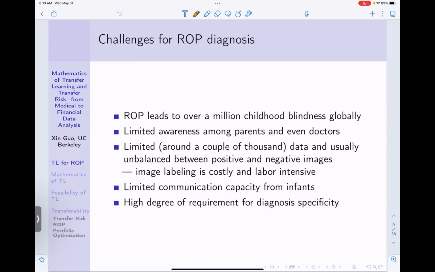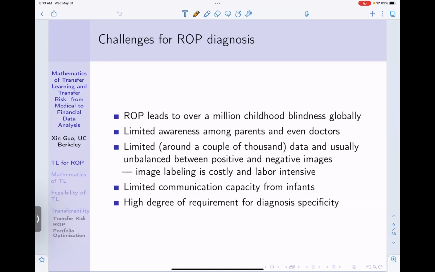Also, because infants have limited communication capacity, you have to set a higher requirement for diagnosis specificity, meaning sensitivity: if there is a disease, you want to catch the diagnosis as early as possible.